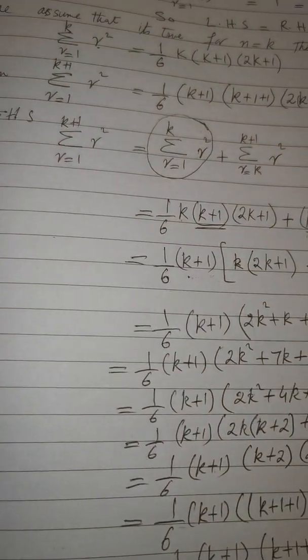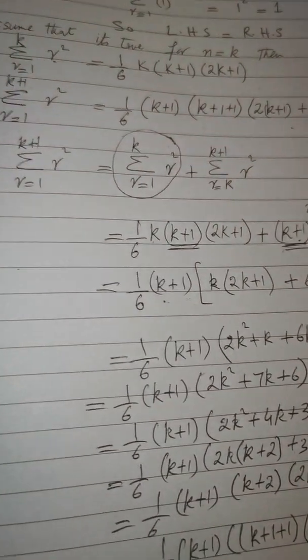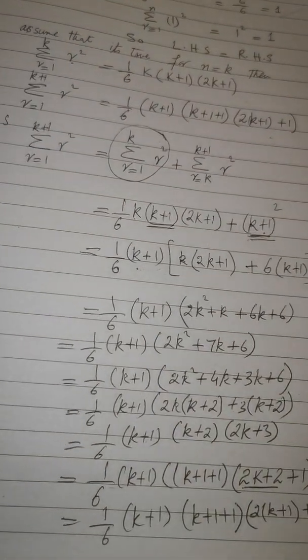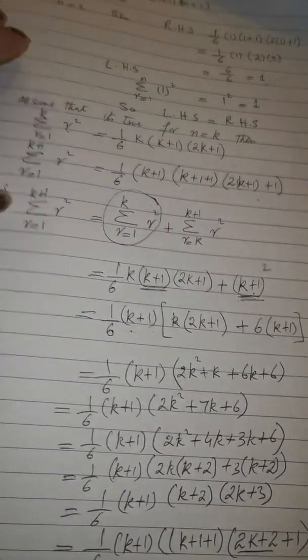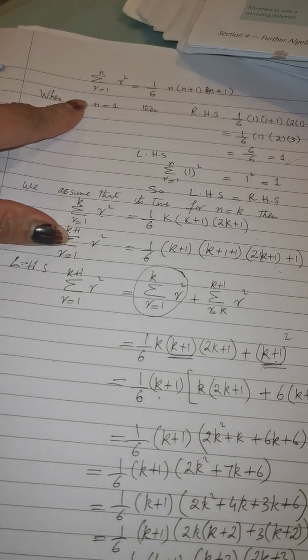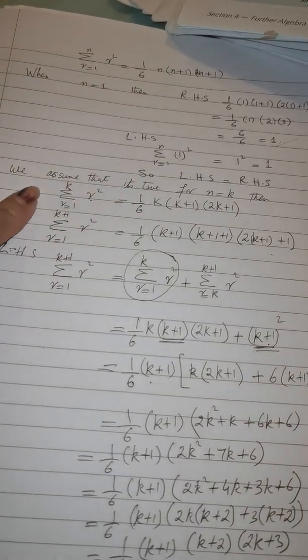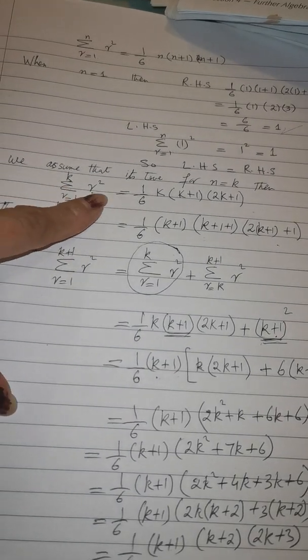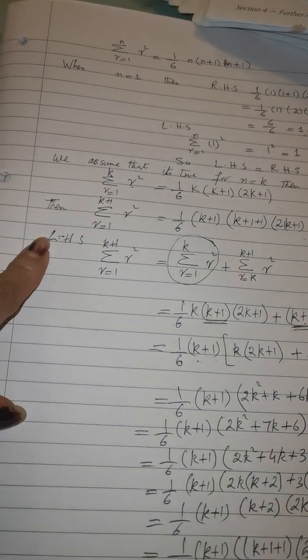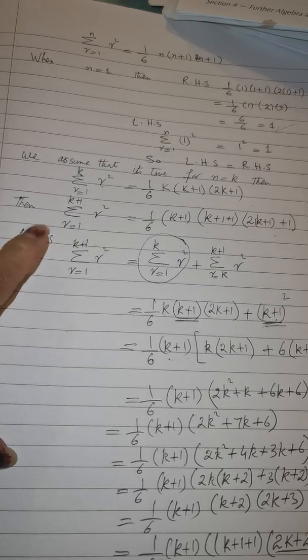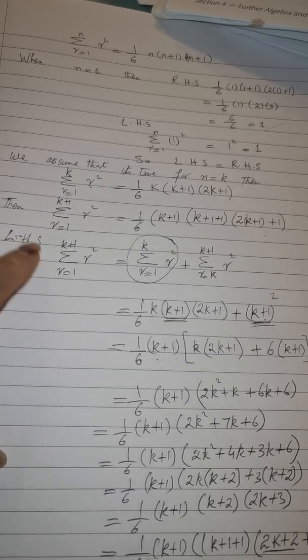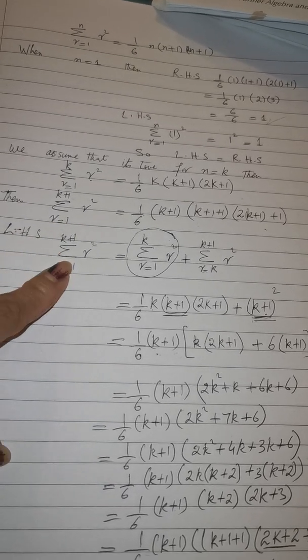At the end you will write this statement, which is the statement of the induction method: we have shown that this statement is true for n is equal to 1. Then we assume that this statement is true for n is equal to k. Then we have proved that this statement is also true for n is equal to k plus 1.